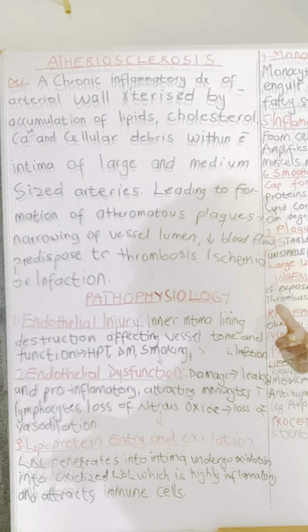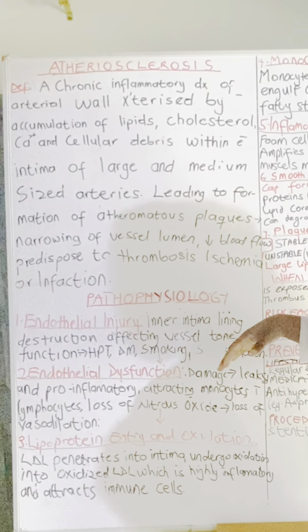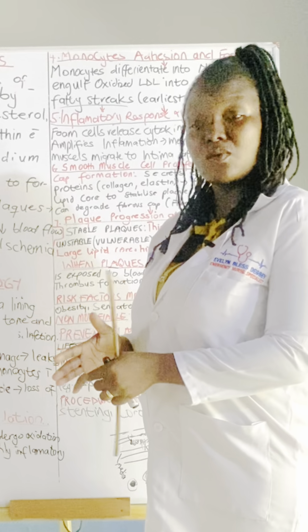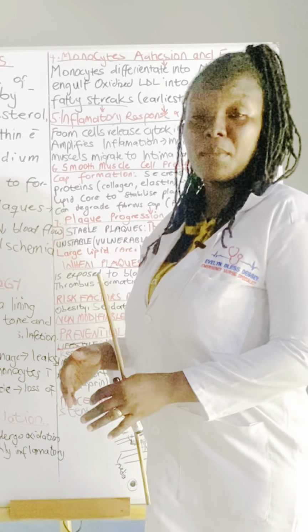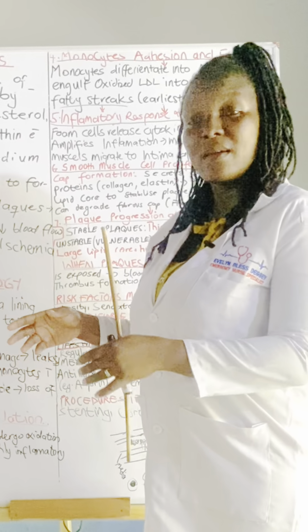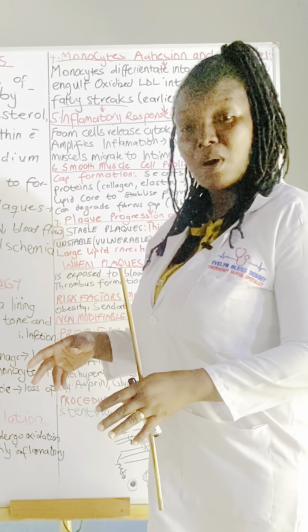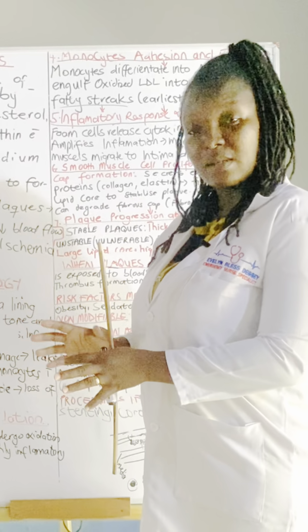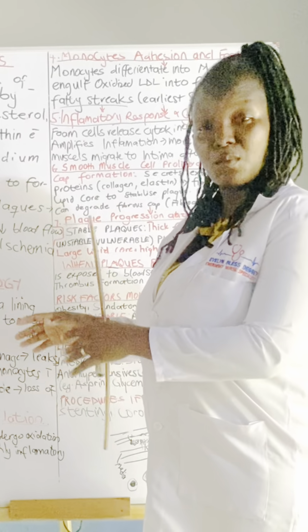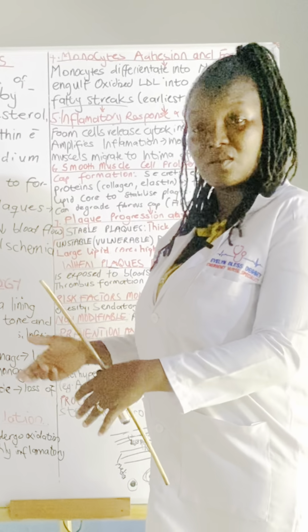Now this inflammation is actually the basis for all this. The damage is going to open up, the LDL will come in and get oxidized. Monocytes will come in and differentiate into macrophages. The macrophages will now engulf the oxidized LDL, forming foam cells, which will now lead to fatty streaks.